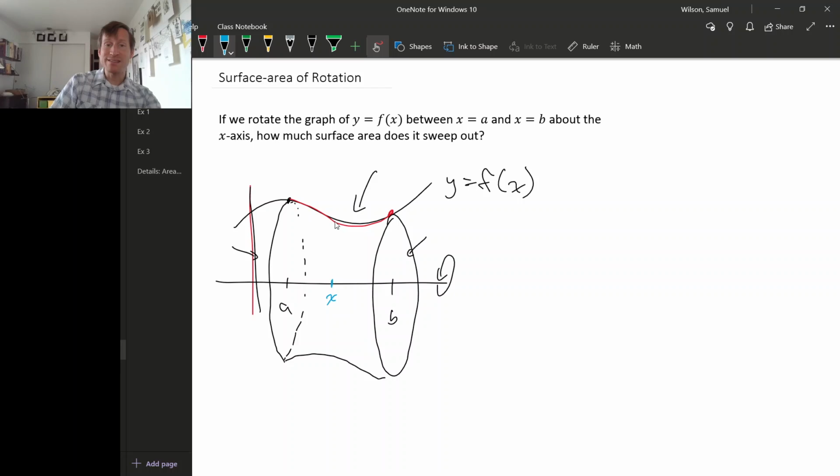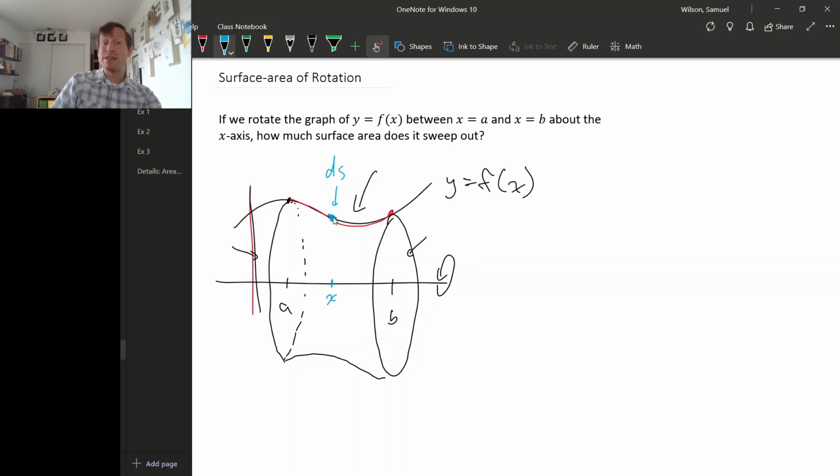At a single x value, there's a little chunk of arc length on the graph that sits at this x value. The name for a little chunk of arc length is ds.